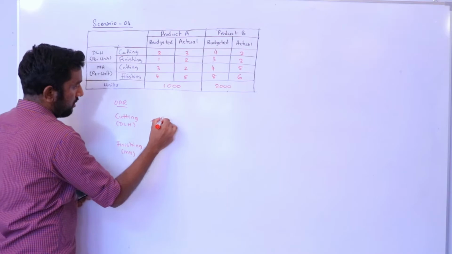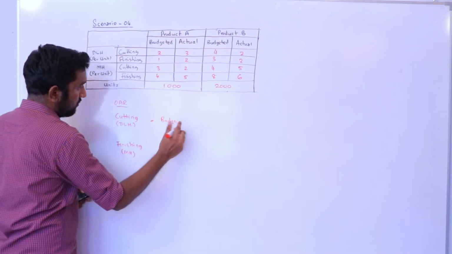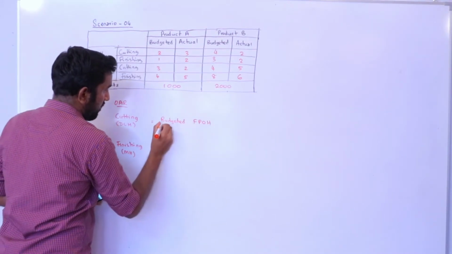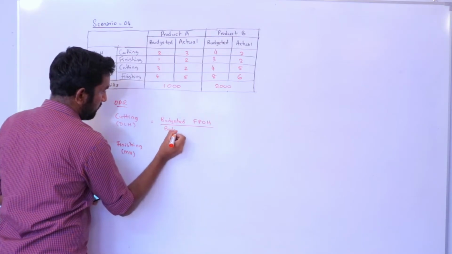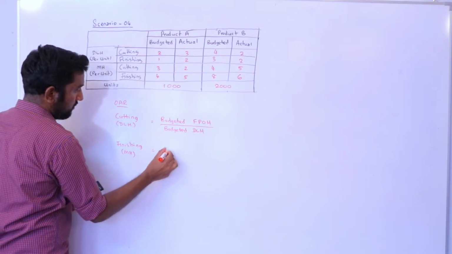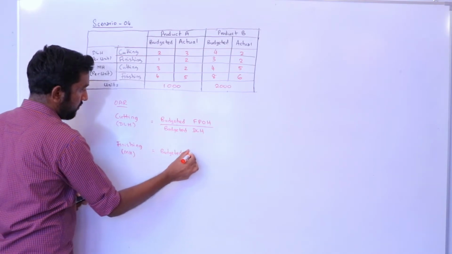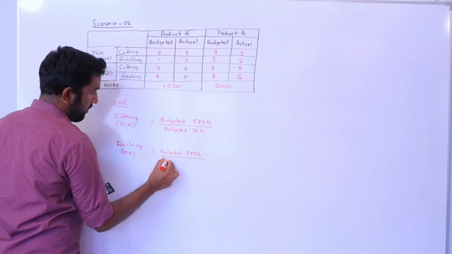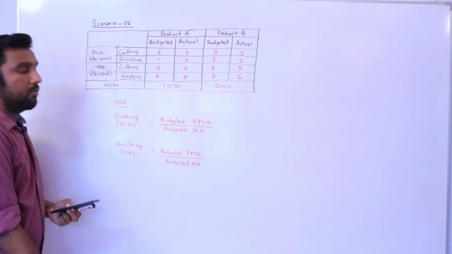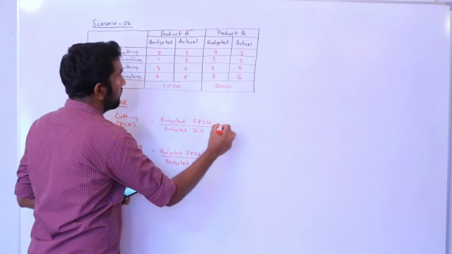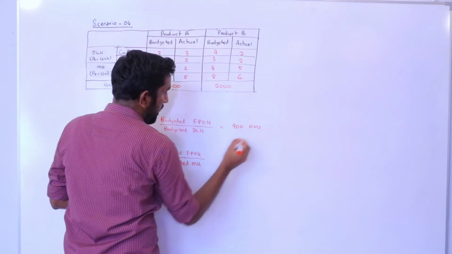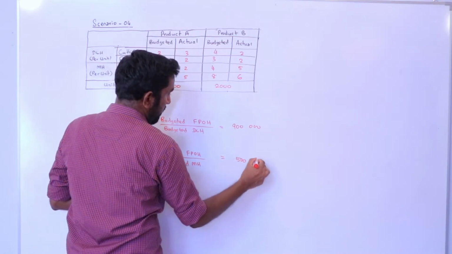So the equation is budgeted fixed production overheads divided by budgeted direct labor hours, and budgeted fixed production overheads divided by budgeted machine hours. The budgeted fixed production overheads are given in the question: 900,000 for this department and 500,000 for the other.